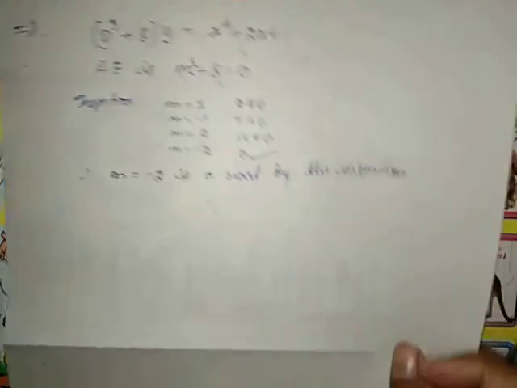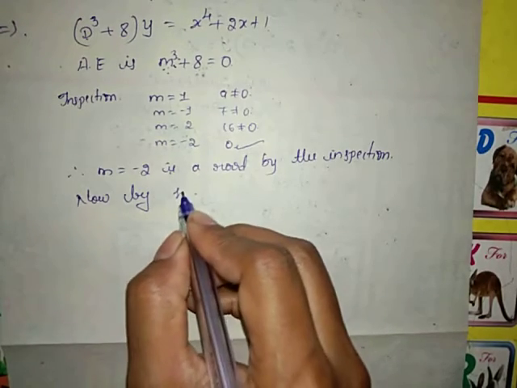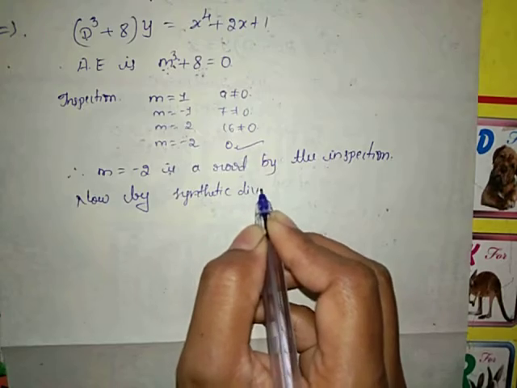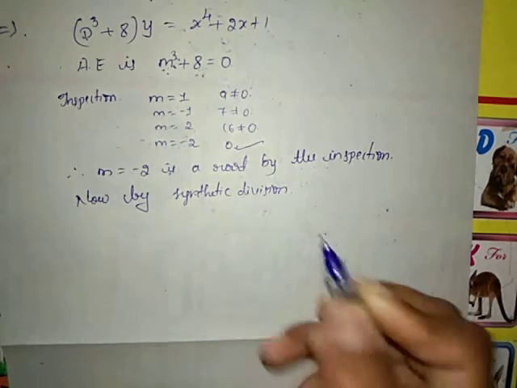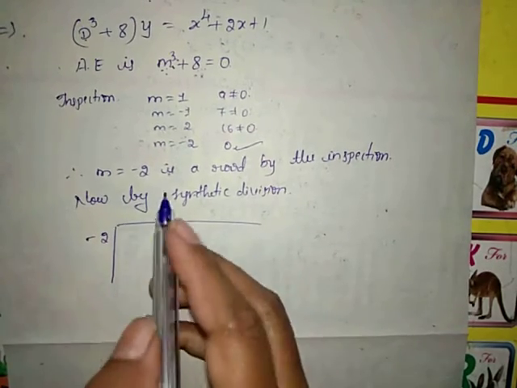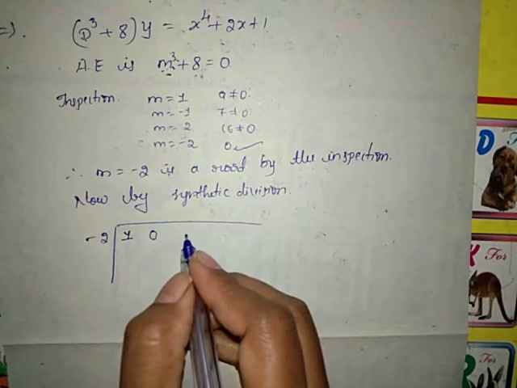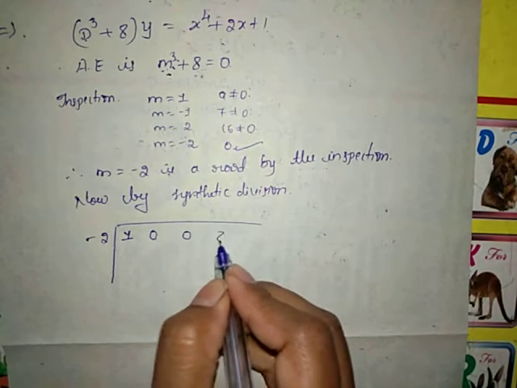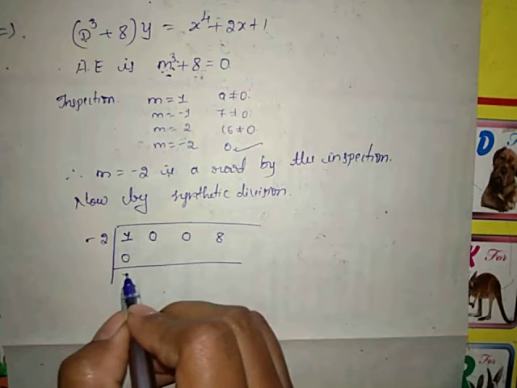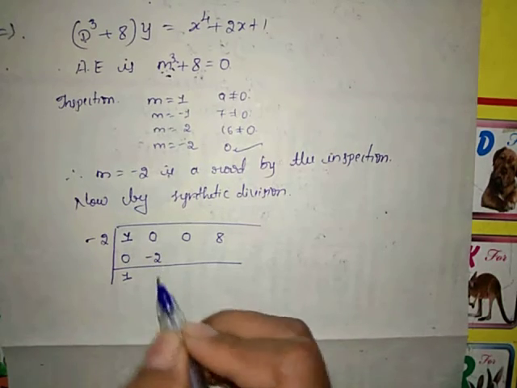Now go for synthetic division. By the synthetic division method, with minus 2, the coefficient of m cube is 1, m square is 0, m is 0, constant is 8. Start with 1. 1 into minus 2 is minus 2. 0 minus 2 is minus 2.